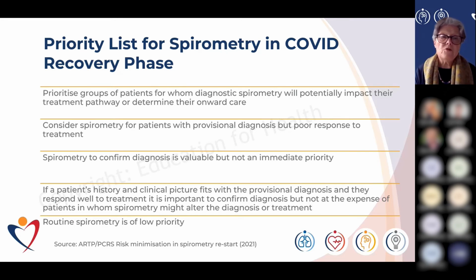Whether you have spirometry to confirm diagnosis is valuable but not an immediate priority. And if a patient's history and clinical picture fits with the provisional diagnosis and they're responding well to the treatment, it's important to confirm the diagnosis, but not at the expense of patients in whom spirometry might alter the diagnosis or treatment pathway. So therefore, routine spirometry is of low priority as well.